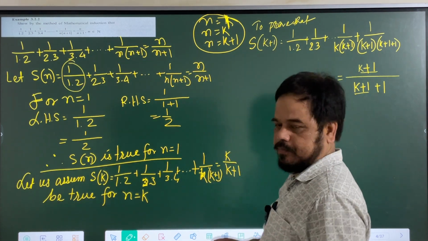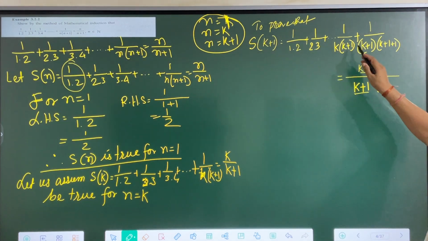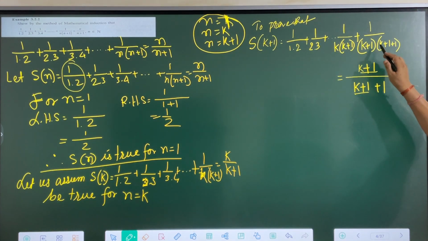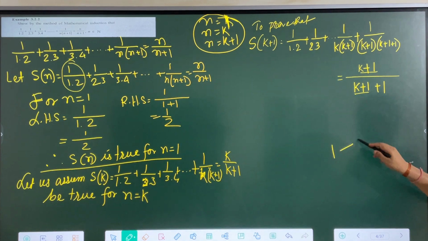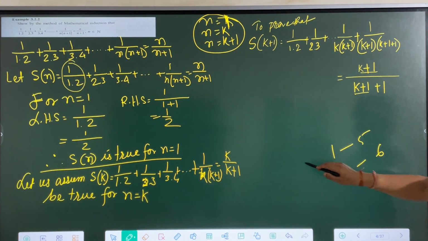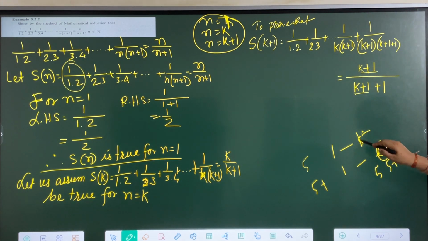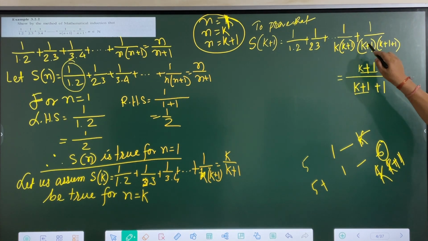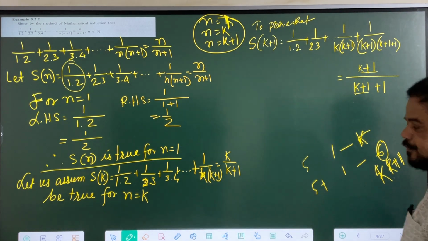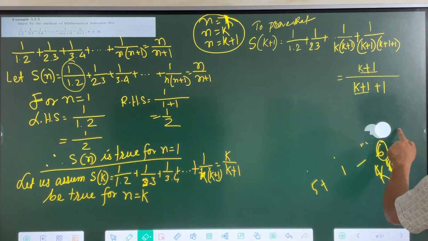This is the previous term and this is the last term, like 1 to 5 and 1 to 6. This is 5, this is 5 plus 1. So if in place of 6 I write 5 plus 1, the previous will be 5. In place of 5, if I write k, the next will be k plus 1. I hope you understand.